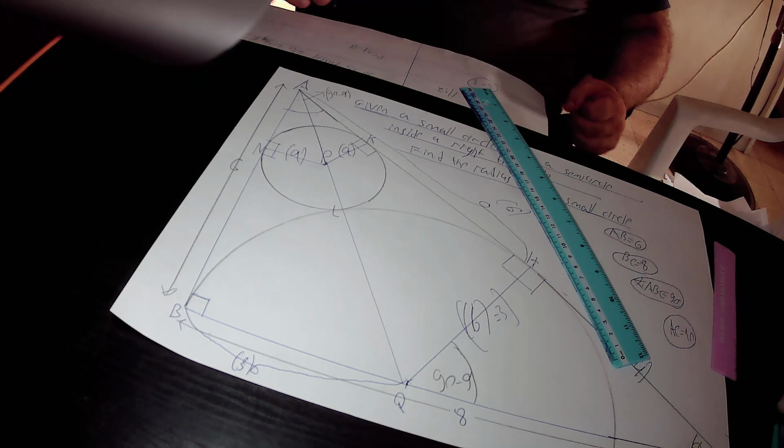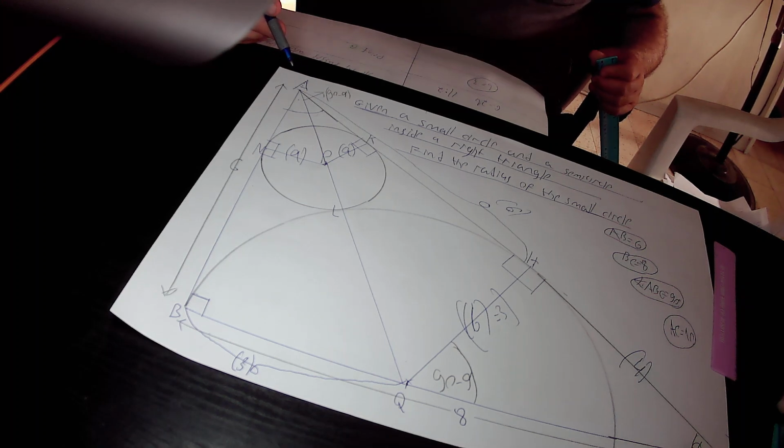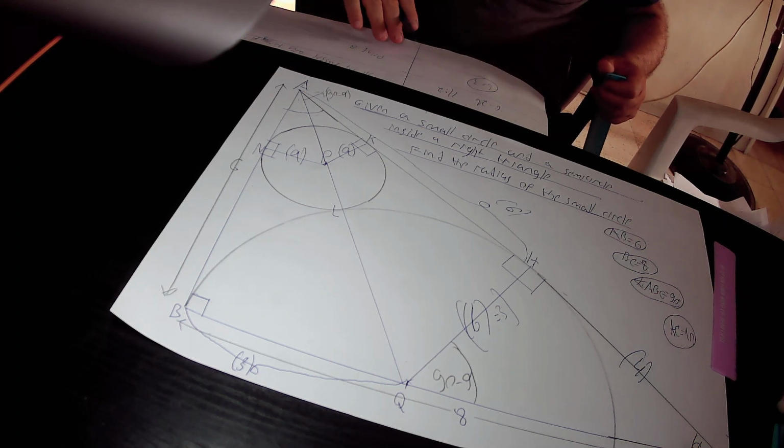It is obvious that the angle bisector of angle A must pass also through point A. Okay, so I write it down.